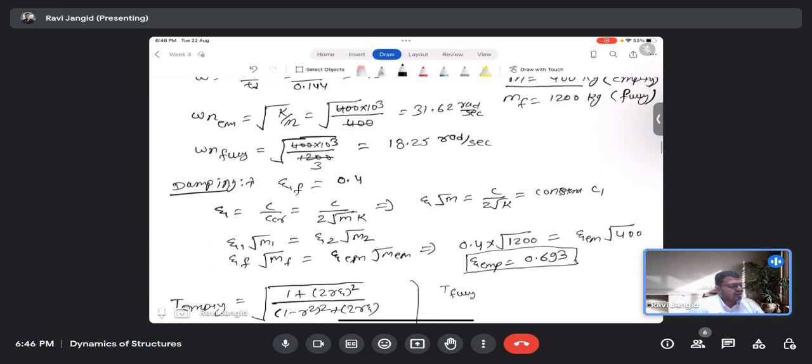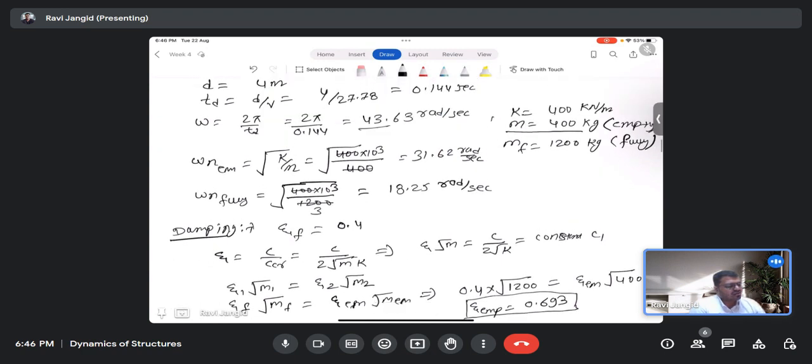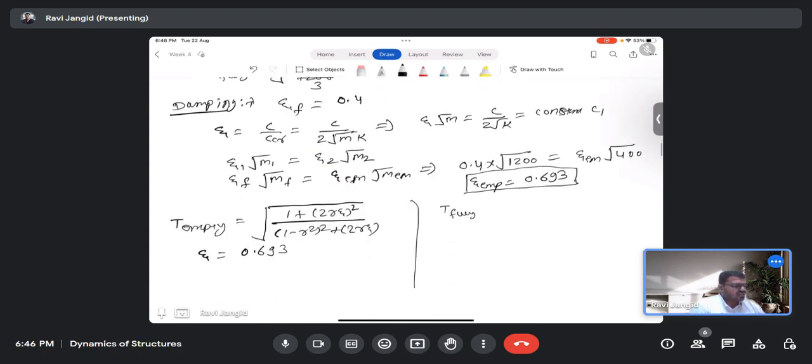The omega we calculated for this forcing frequency is 43.63 and omega n for empty was 31.62, so you can find out r.